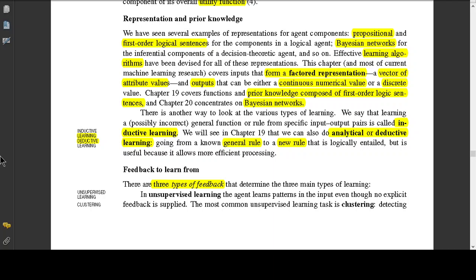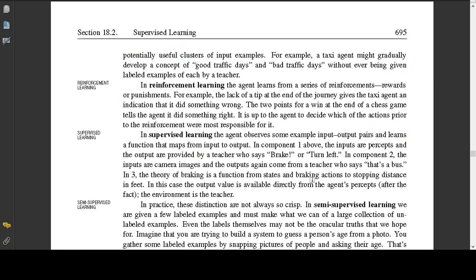Without labeled data, without any knowledge about the input, it has to learn by itself. That is unsupervised learning. The first one, supervised learning, is where we give labeled data and train the system, and after training, if we give unlabeled data, it can identify it.